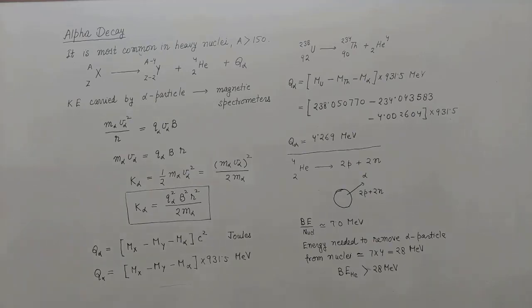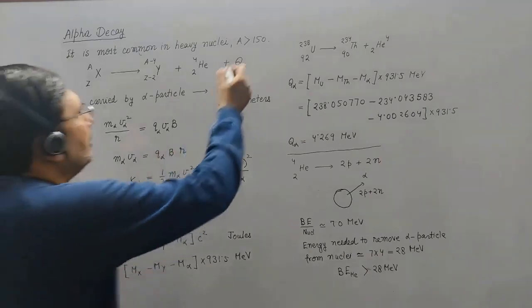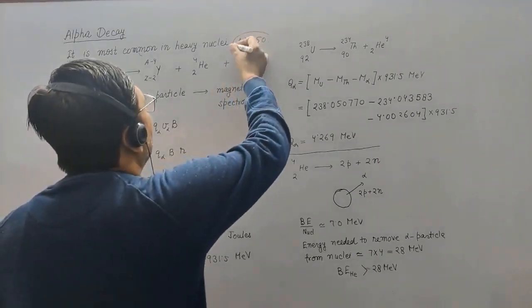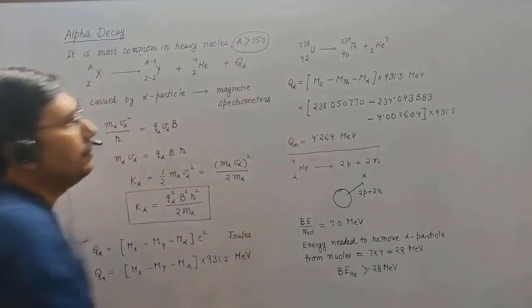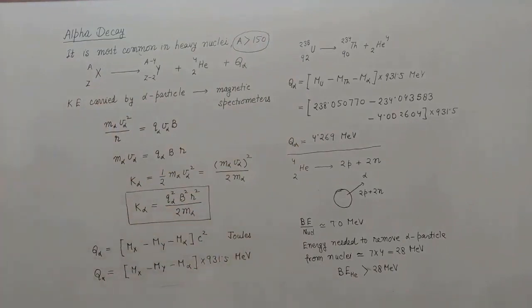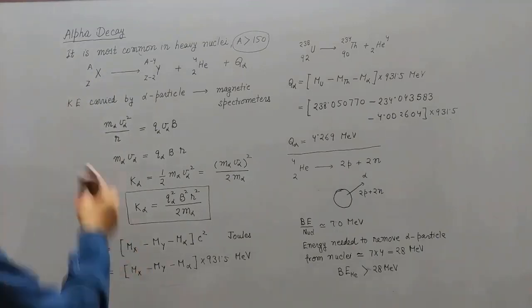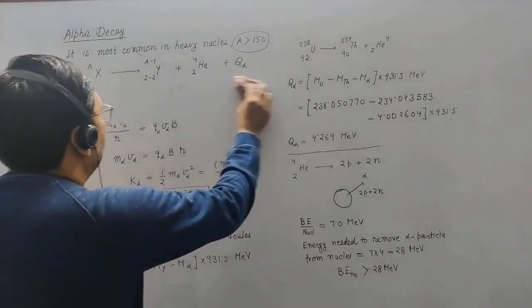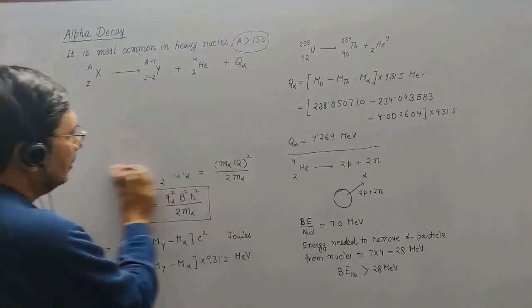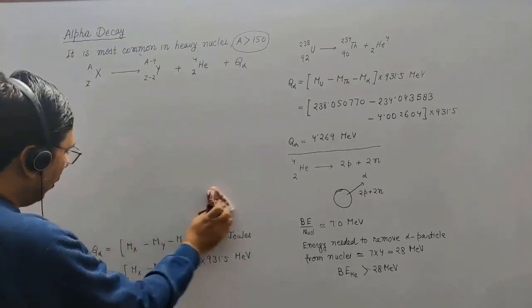Now, I'm saying another aspect. I'm saying that this is a common mode in A greater than 150. It is the most common mode in the nuclei having A number greater than 150. Experimentally, how did we decide this number? This is very simple.